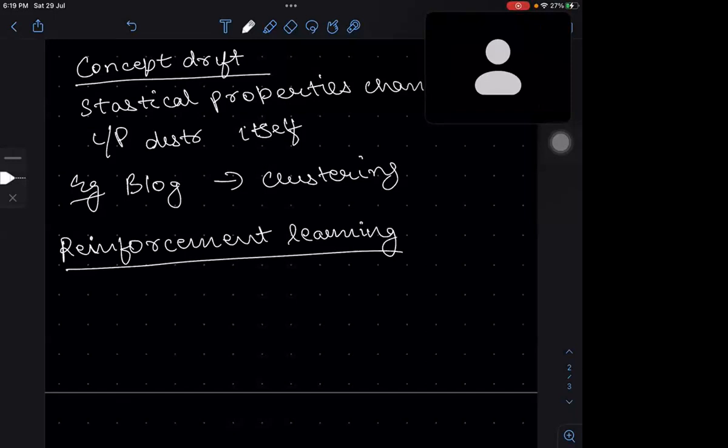Any idea what reinforcement learning is? Simple question. Learning which is guided by reinforcements or rewards. Learning by experiment means trying it out, getting the feedback and then learning. In one way, for example, in supervised learning we have the entire data in one go, a huge data set.